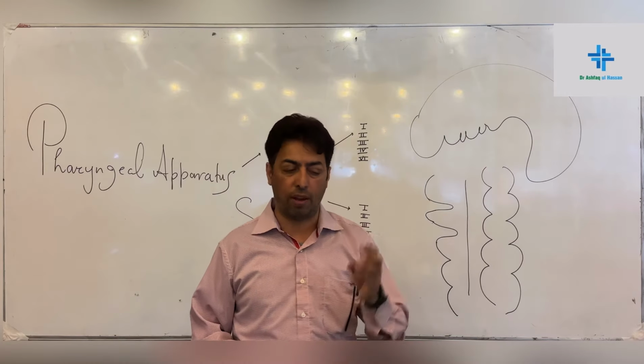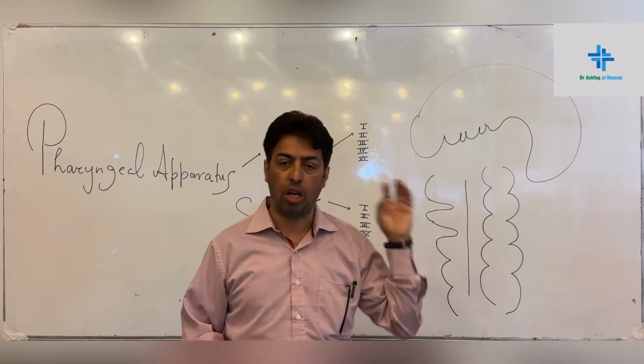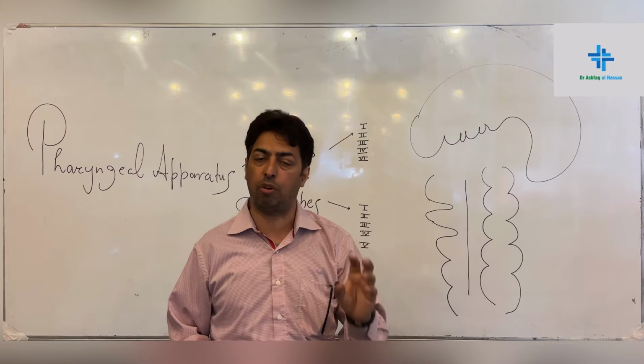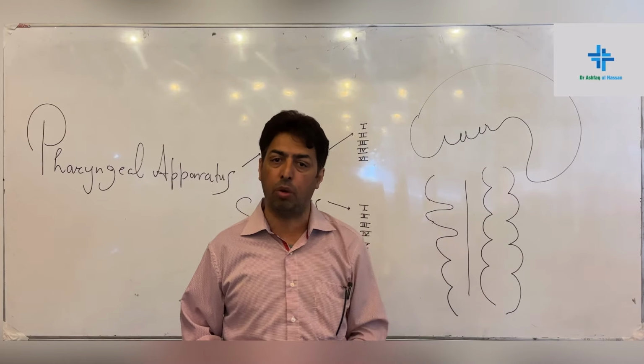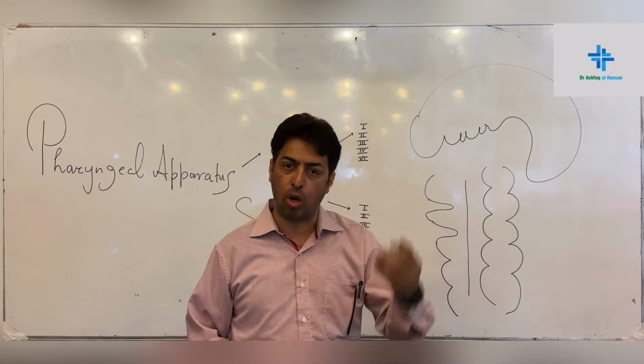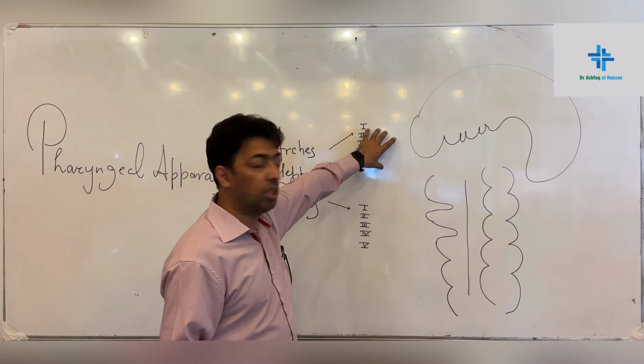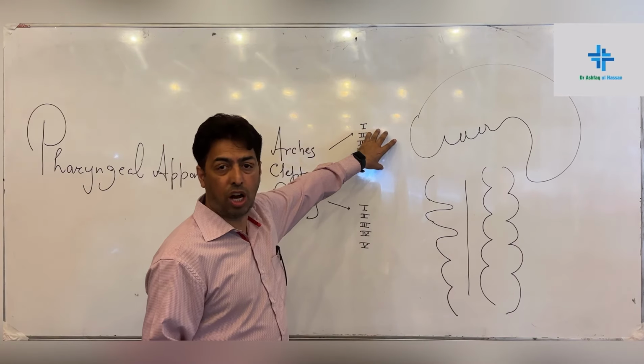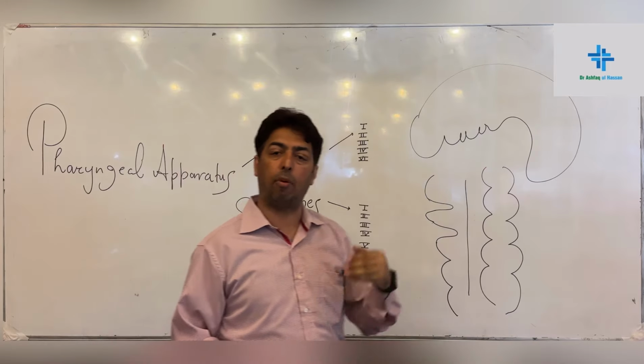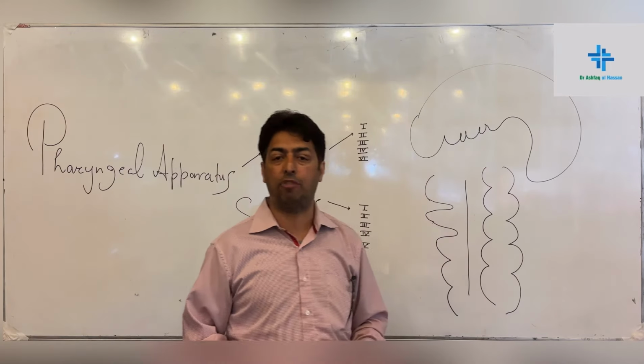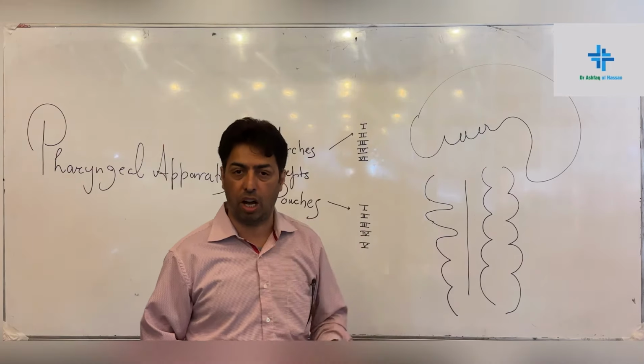Very important, you have to remember which nerve supplies which arch, and which vessel from the primitive aorta or the primitive angiogenetic model gives supply to which arch. So these are some of the important components which you have to remember as far as the pharyngeal arches are concerned.